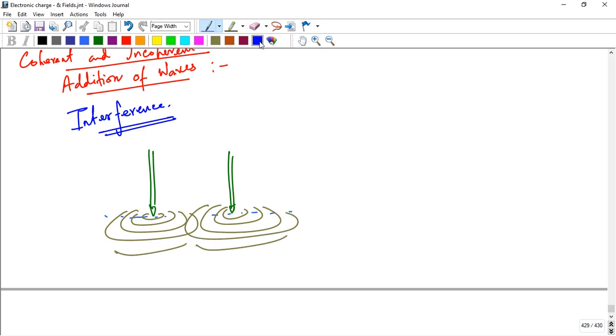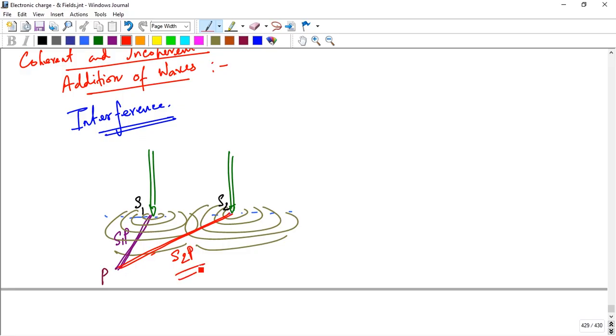Here the two sources are S1 and S2, and at some point P there is some distance. The distance from P to S1 is called S1P, and the distance from P to S2 is S2P.